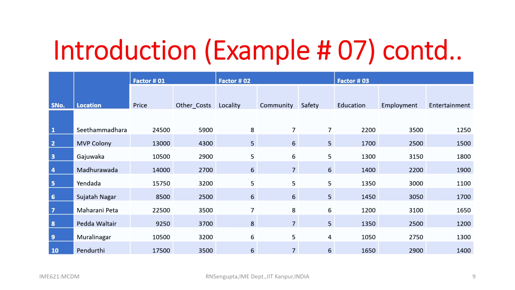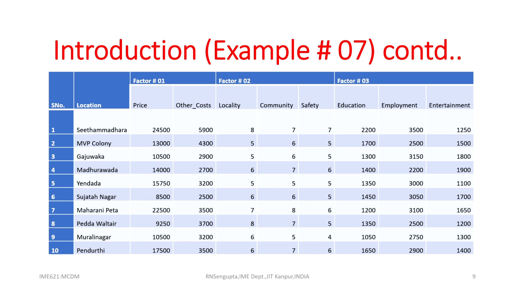If I consider the 8 factors given there, I am again repeating: price, other cost, locality, community, safety, education, employment and entertainment. I am clubbing them and I will come to the reason. Factor 1 will consider price and other cost for the house. Factor 2 would be locality, community, safety, which was given on the basis of 0 to 10, and factor 3 would be education, employment and entertainment cost-wise.